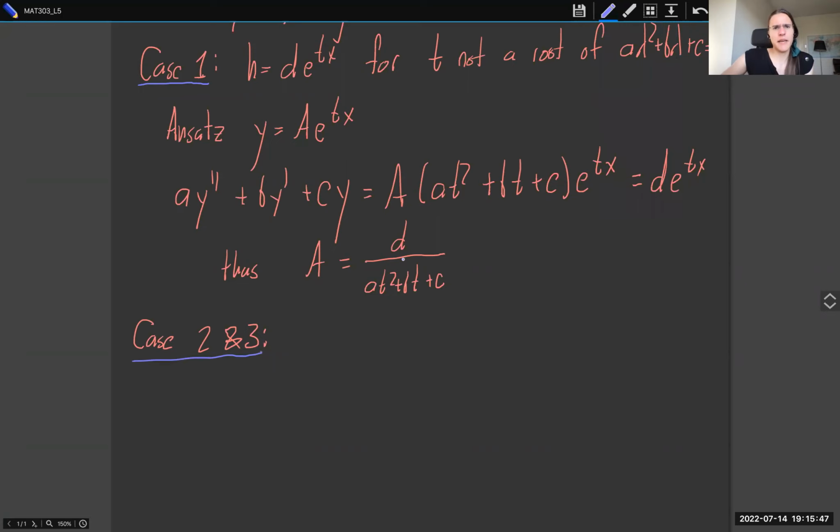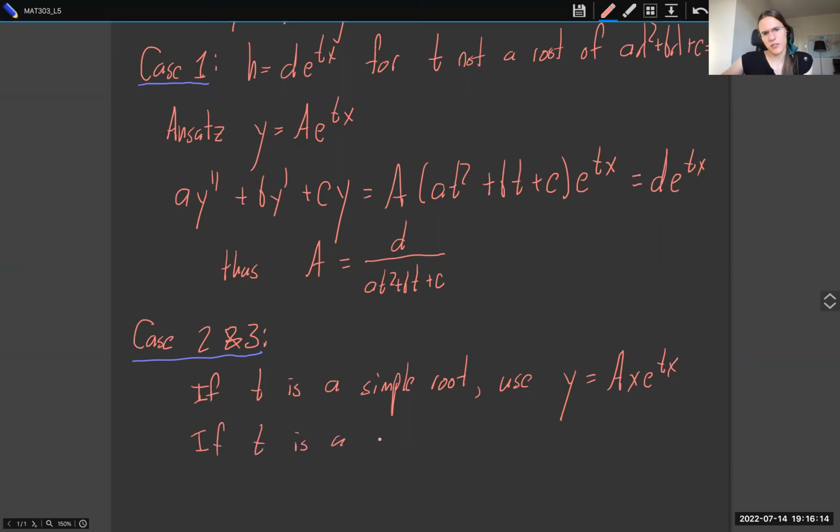So basically, if t is a simple root, which means that it has multiplicity 1, use y is equal to A x e to the tx. And if t is a double root, use y is equal to A x squared e to the tx.